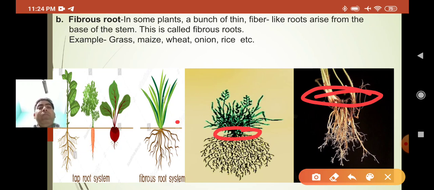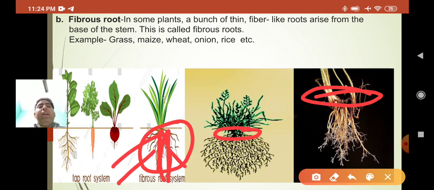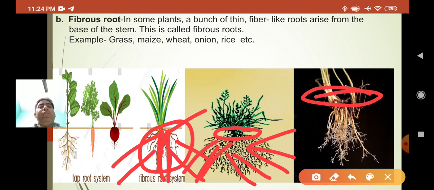Here also you can find fibrous root. No single root is there. Fibers are spread out everywhere. Here also you can see fibers spread from the base.